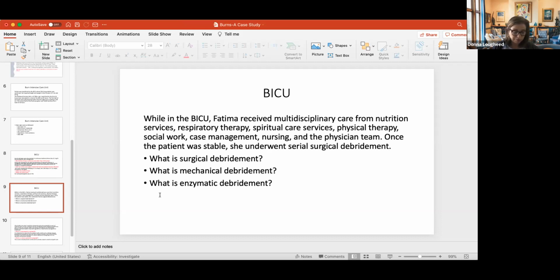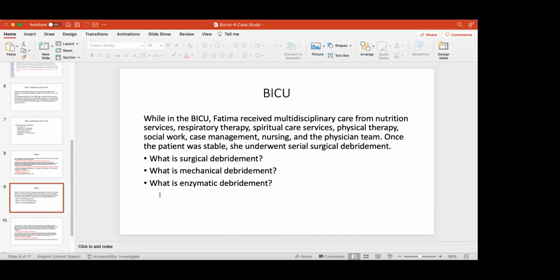So what's surgical debridement? Anyone? Surgical debridement is when we actually go in and cut away the necrotic tissue.